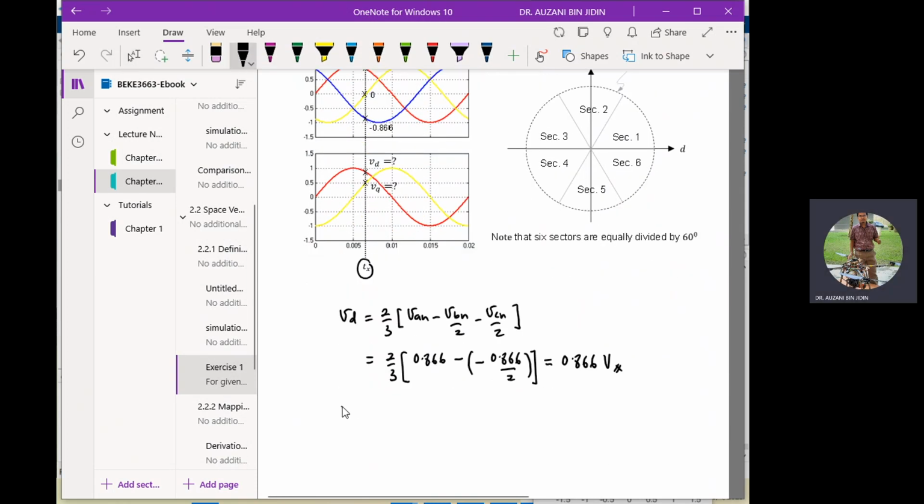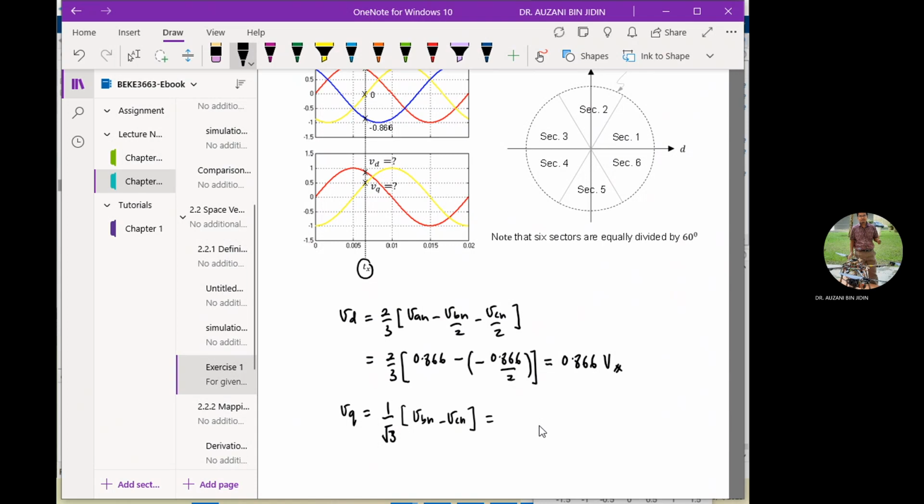For VQ, 1 divided by square root of 3, VBN minus VCN. Zero minus 0.866.